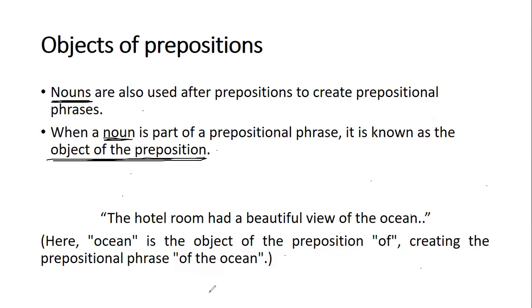Don't worry if you have not understood. There's no need to worry. We are going to do it with a lot of examples, which will give you a very clear idea about objects of preposition or prepositional phrase.